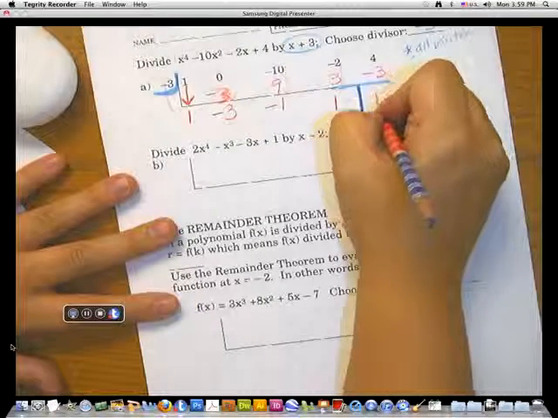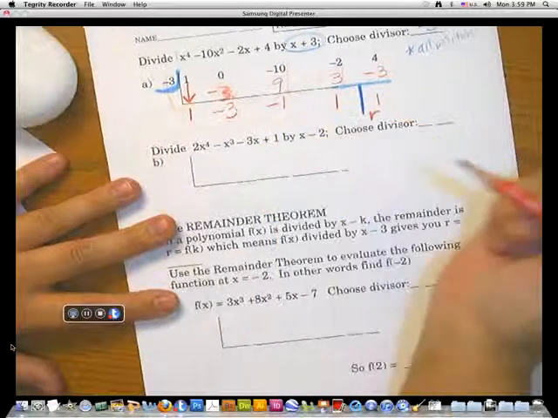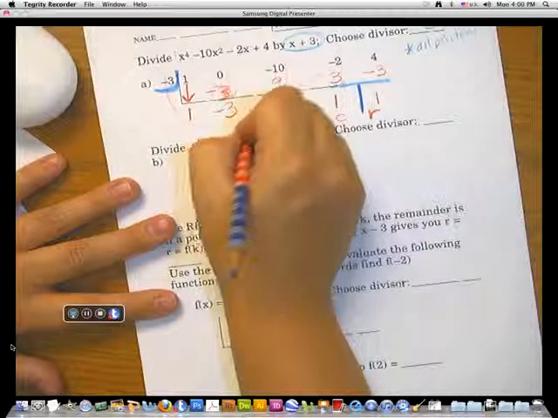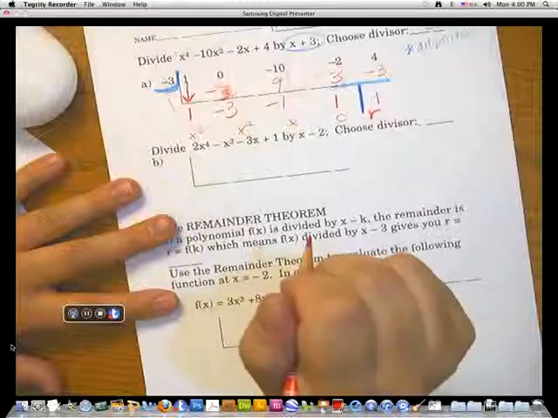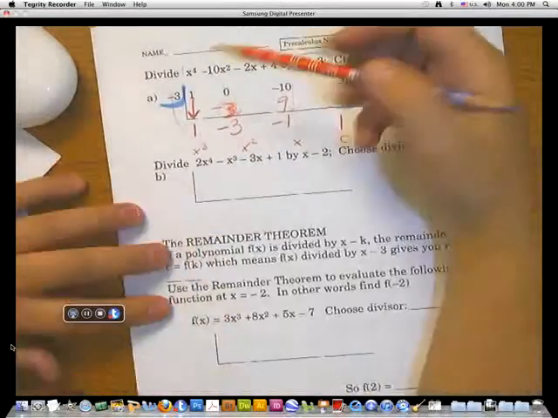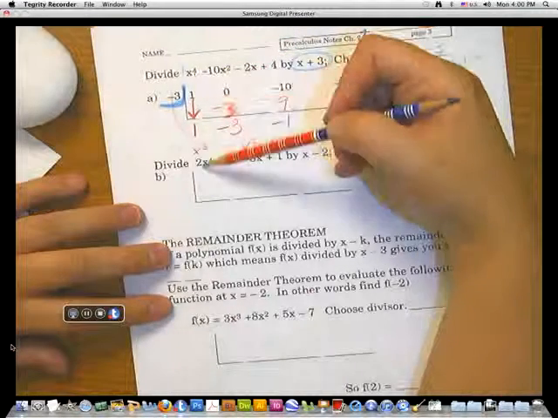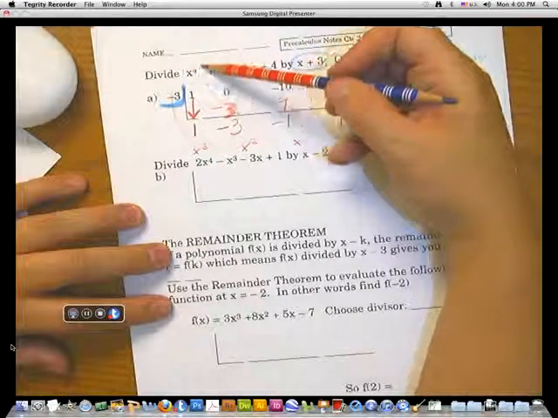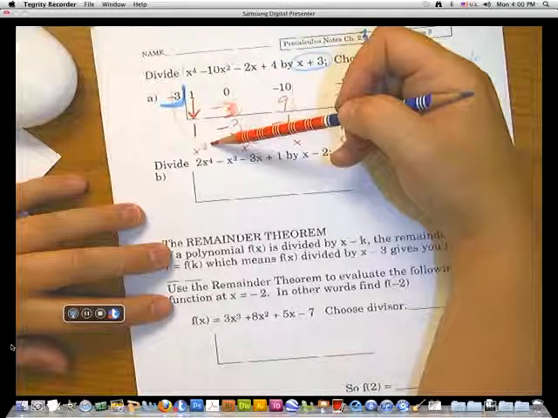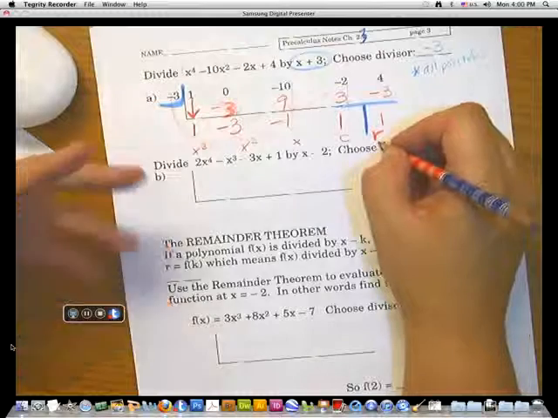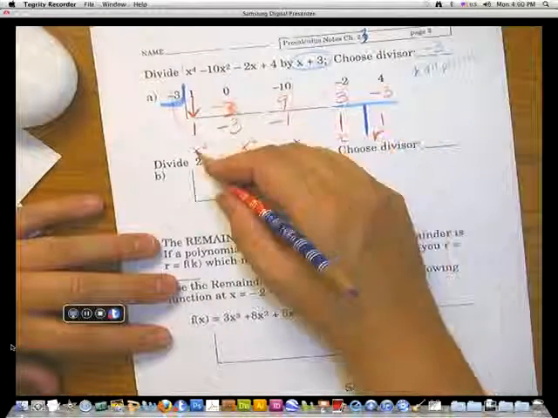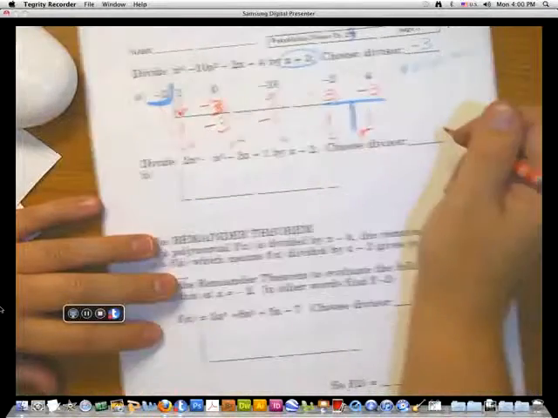Alright, this is your remainder, and everything else goes in order. So this is your constant, your single x, your squared x, your cubed x, to write it as the final answer. The other way also is that your first answer is always 1 less than your original problem. If it started off at the 4th power, your answer is going to start off at the 3rd power. But I tend to always work backwards. If this is my remainder, this is my constant, single x, squared x, cubed x, and they keep going in order.